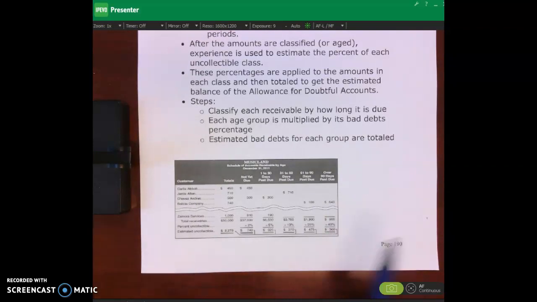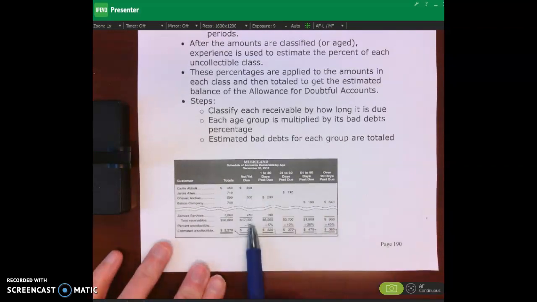So then what we do is we add up all those that are not due yet, and we have total receivables of $37,000 times 0.2%, $740 would be the estimated uncollectible and not due yet.